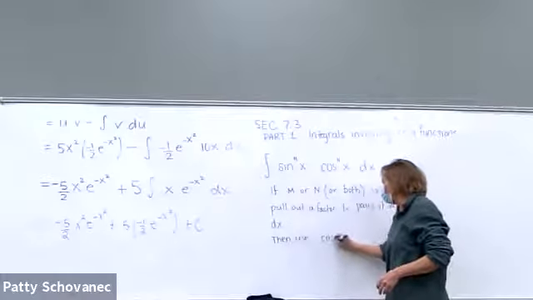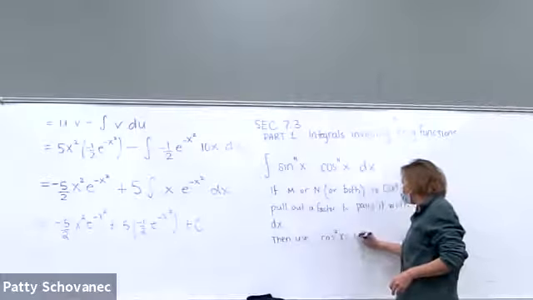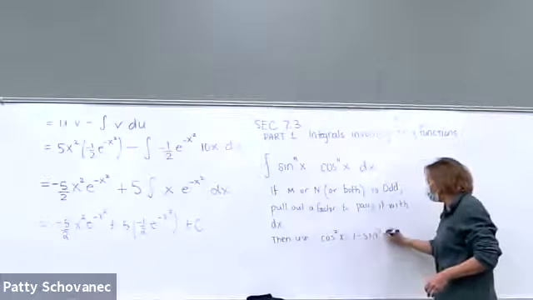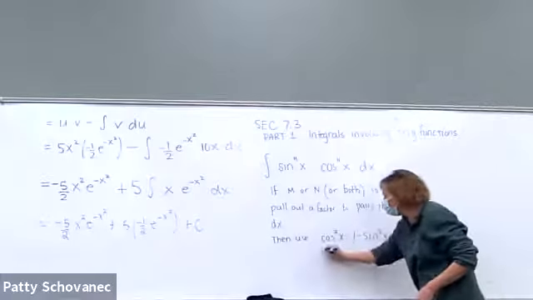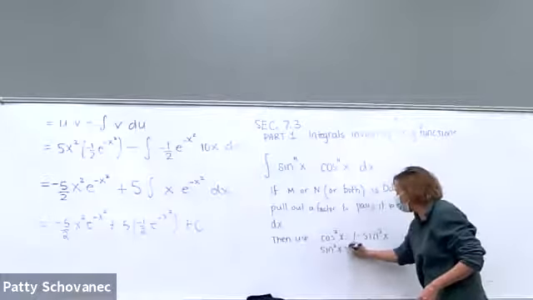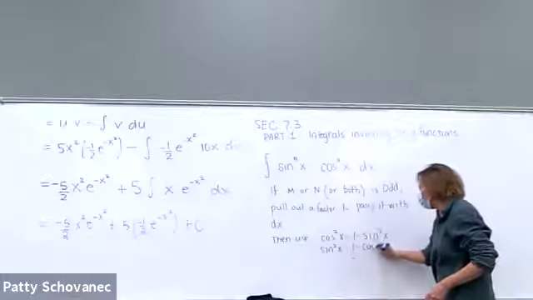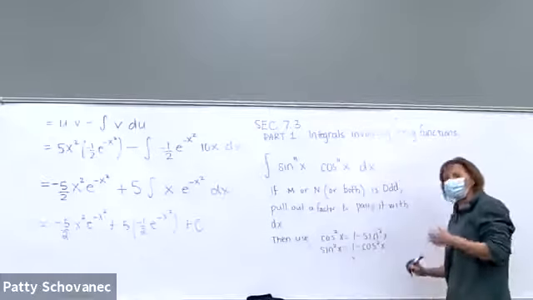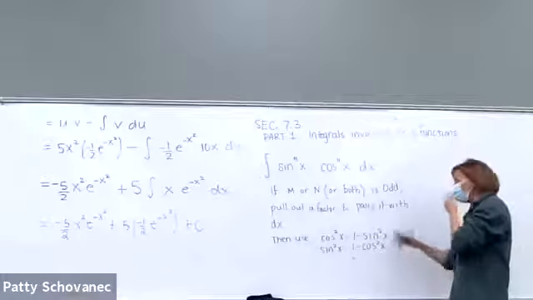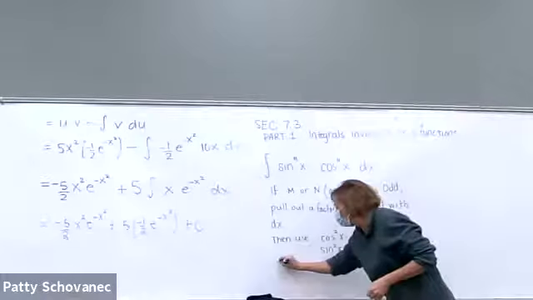that cosine squared of x is 1 minus sine squared of x, or sine squared of x is 1 minus cosine squared of x, and write the rest of the integral in terms of the other trig function.